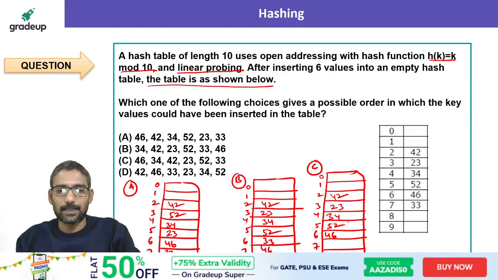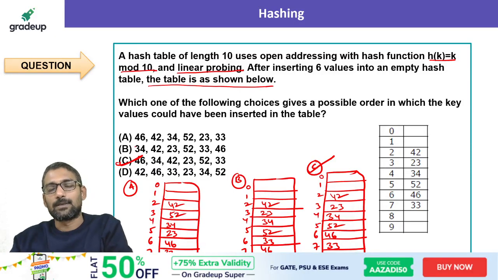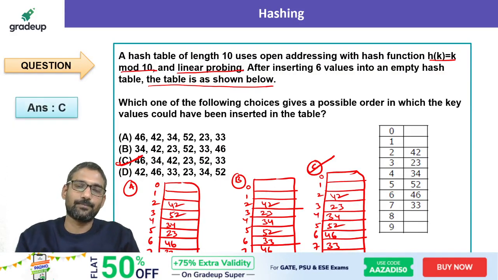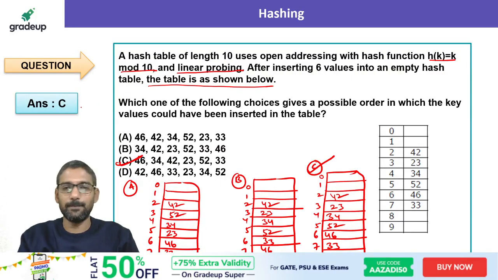And 33: 3 is full, 4 is full, 5 is full, 6 is full. Yeah. So is this the table? Yes. Hence, which sequence will give the given table? Option C. Okay.